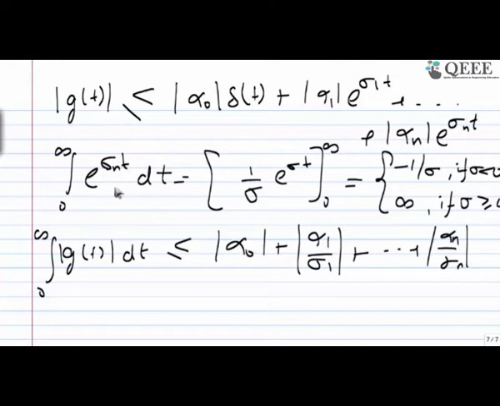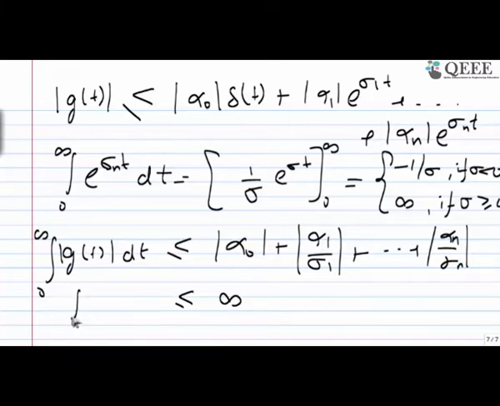That's why I take the integration of this one, so that if I take the integral of this exponential, I can compute the integral of this mod of g of t. So I substitute it here, owing to the condition, my previous assumption, that all the poles have negative real parts, and this is a finite value. This is a finite number.